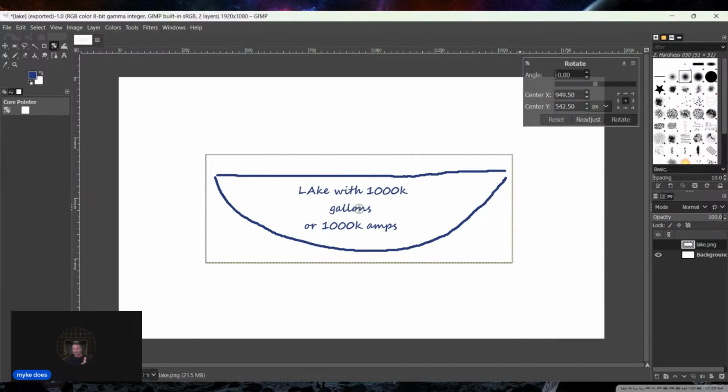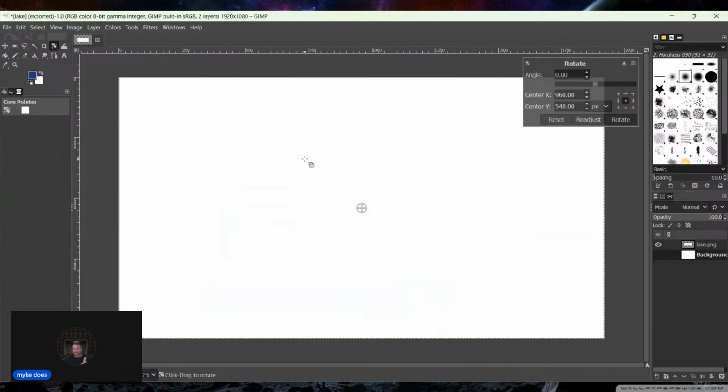What we have here is a lake sitting with 1 million gallons of water, or you can call that 1 million amps.